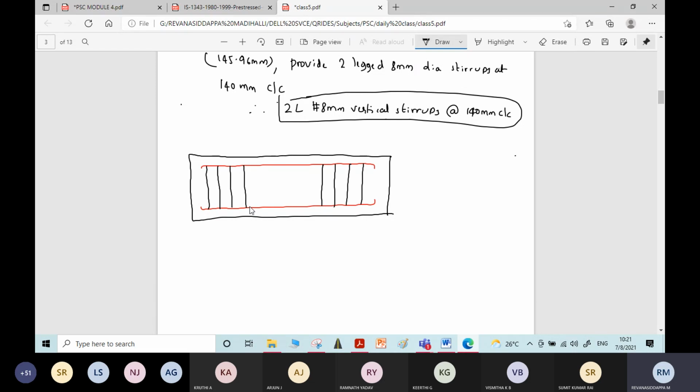Okay, at the support you give stirrups at 140 mm center, and at the mid span, means at the middle third of the span, you can slightly increase the spacing.